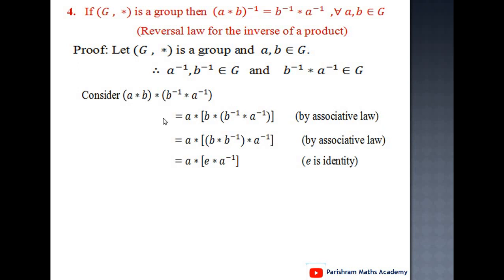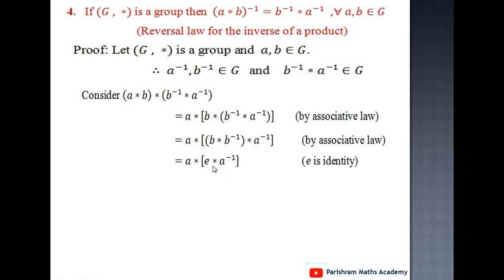Again, by applying the associative law for this bracket term, B star (B inverse star A inverse) is the same as (B star B inverse) star A inverse by associative law. But B star B inverse is nothing but the identity element, and therefore we get E star A inverse.